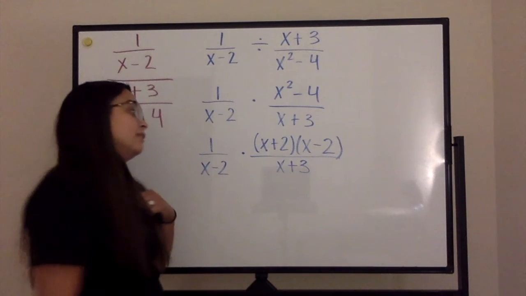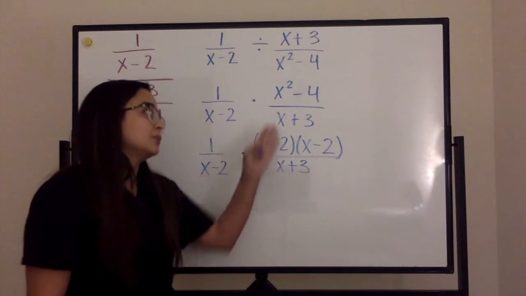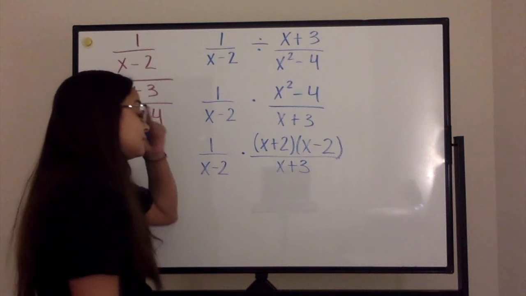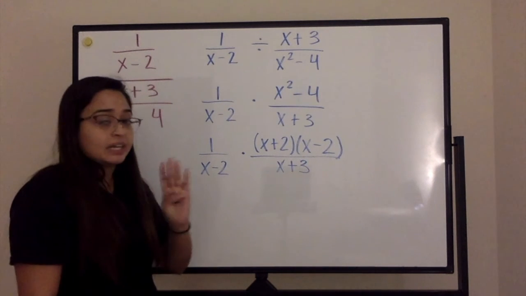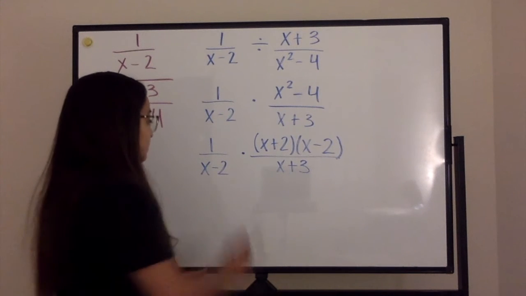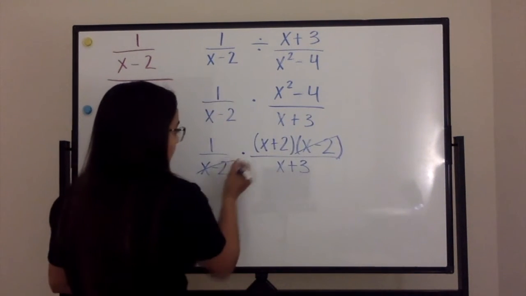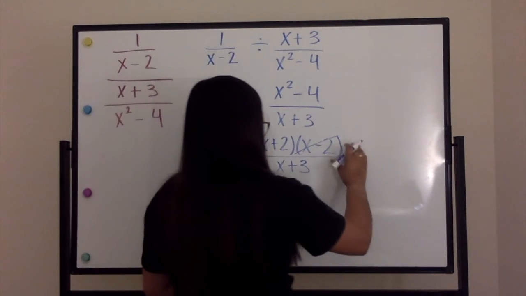Okay, now if I were to FOIL this out, it will give me x squared minus 4. So now let's go ahead and divide out anything that we can. So there's a 1 here and here. And what we're left with, we're just going to multiply across.